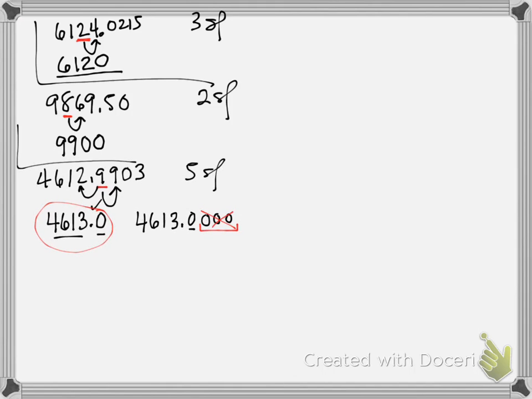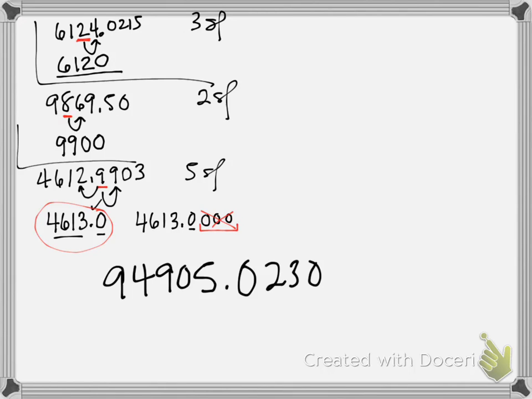Okay. And the last one on this section, 94905.0230, and I want to take this to 1 sig fig, so that's all I can keep.